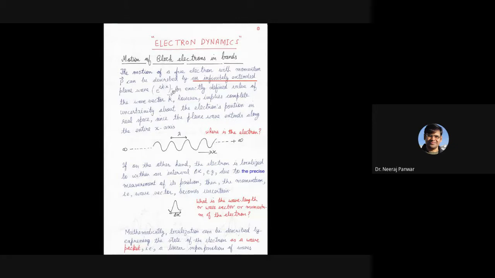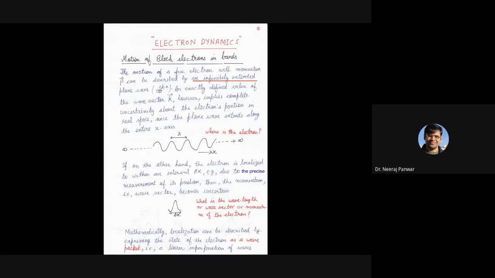The motion of a free electron with momentum p and wave vector k can be described by an infinitely extended plane wave e to the power ikx. If there is a free electron, the electron does not interact with the positive ion cores.